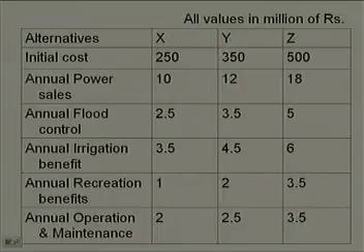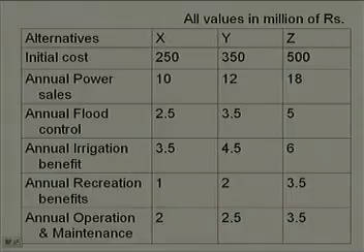Suppose I rejected Y, then I have to compare X with Z. In X I am investing 250 million, in Z I am investing 500 million. So what is the extra I am investing? 500 minus 250 million, that is again 250 million.